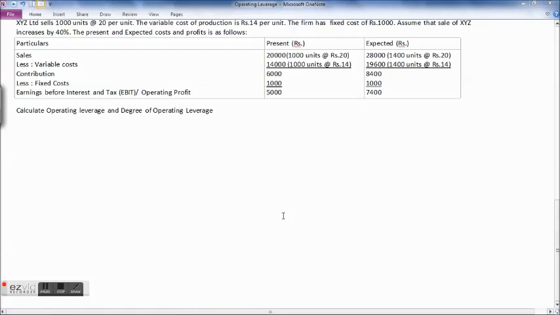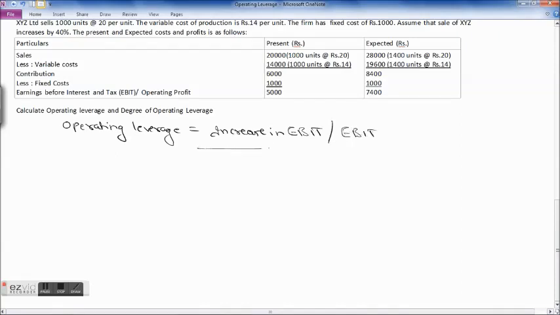So operating leverage is equal to increase in EBIT upon EBIT, the whole thing divided by increase in sales upon sales.